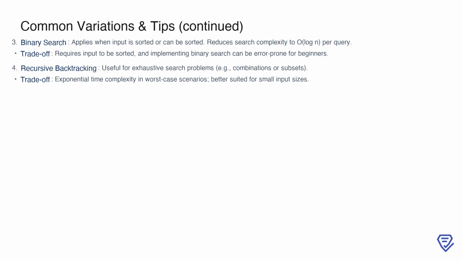It's particularly effective for generating combinations, subsets, or other exhaustive solutions. The primary trade-off with backtracking is its exponential time complexity in the worst case, making it more suitable for small input sizes. Balancing these techniques based on the problem's constraints and requirements will help you craft robust and efficient solutions.